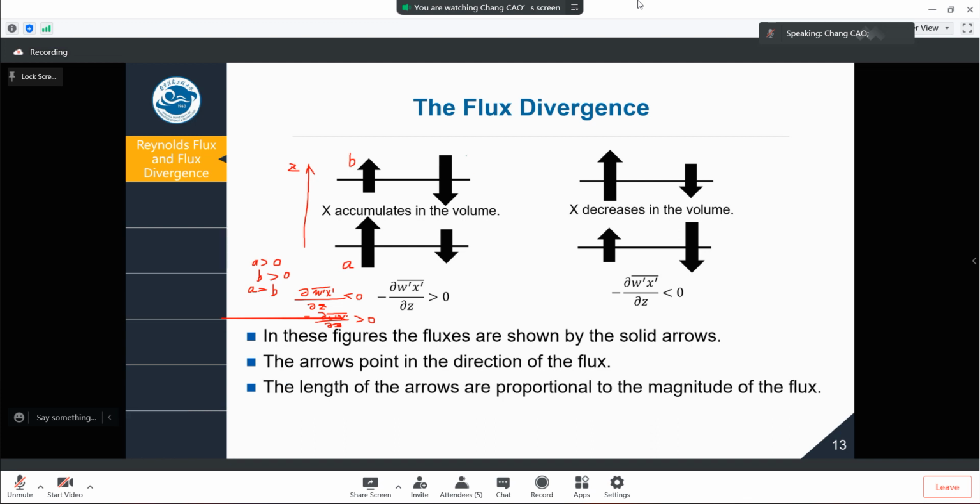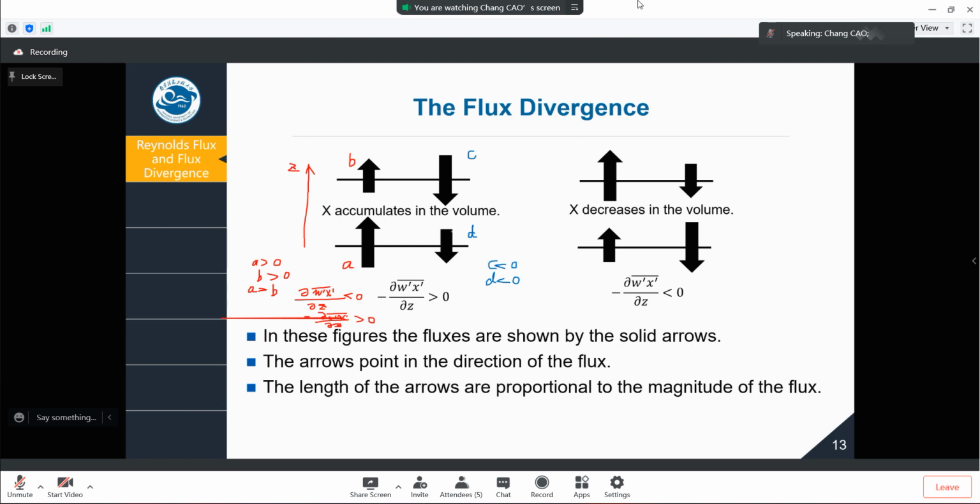Suppose this was represented by C, and this flux was represented by D. But here, one difference is that the arrows are downwards. So it means that C is smaller than 0, and D is smaller than 0. How to compare which one is bigger or smaller?